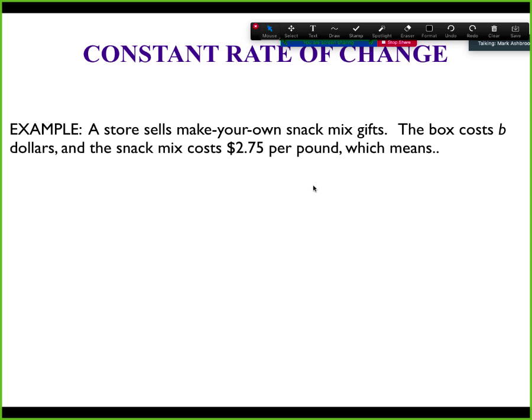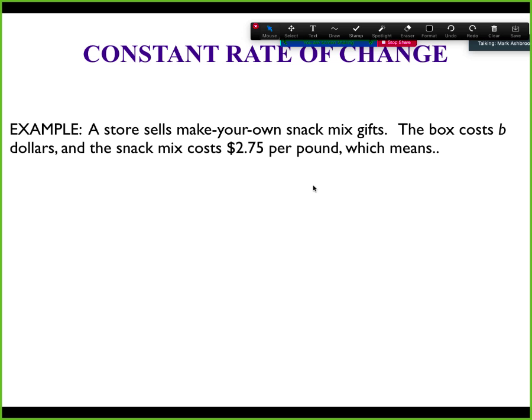Right, so given any change in pounds, to get the additional cost or the change in cost, you would take 2.75 times that change in pounds. Right. So how about for any number of pounds you buy, your cost will be 2.75 times the number of pounds. Is that right?